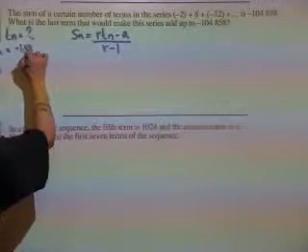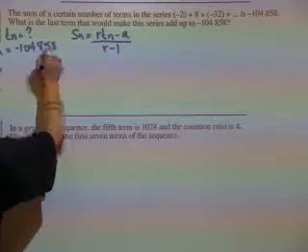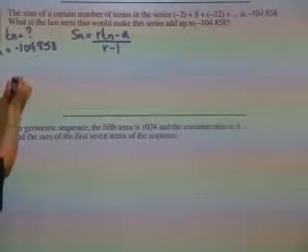I need to identify these other variables. So what would S of n be? -104,858. What is my common ratio? Negative 4. And what's my first term?